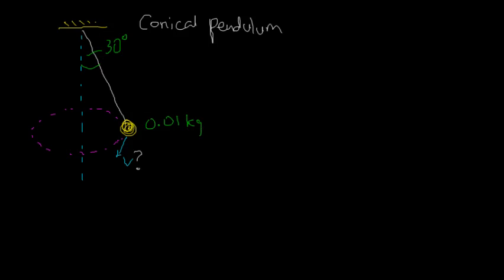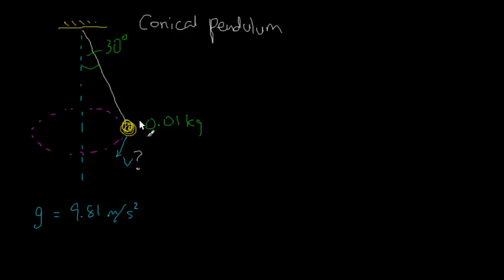Let's see, what else do I need? I need the acceleration due to gravity, g. So g is 9.81 meters per second squared. That should be all I need. Yes.